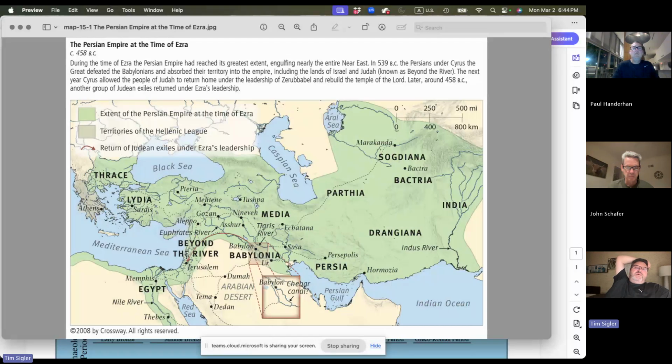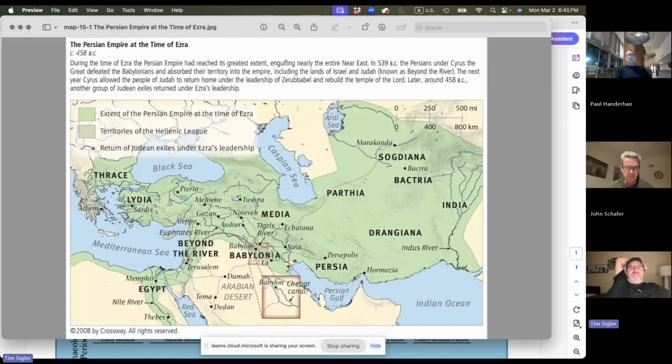Now the Judahites are allowed to return and to go back to their homeland, the land promised to the patriarchs, the land, as the map here suggests, beyond the river, meaning beyond the Euphrates River, to go back to the land of Canaan, to the land of promise. Whereas in the exile, they went way over back into Babylonia.